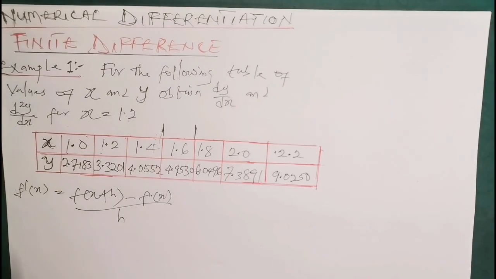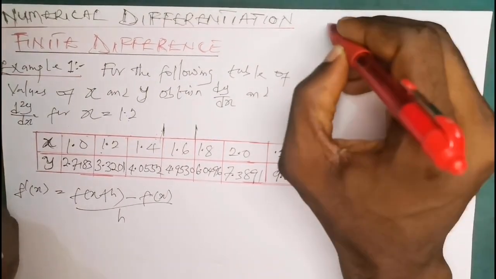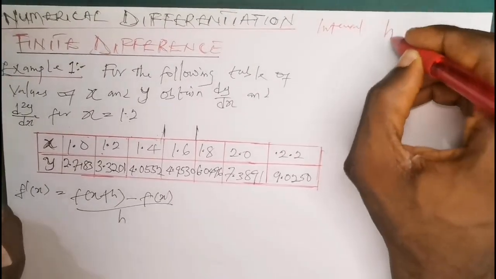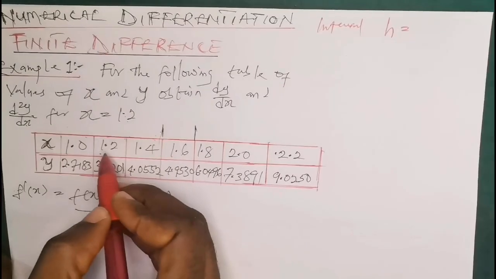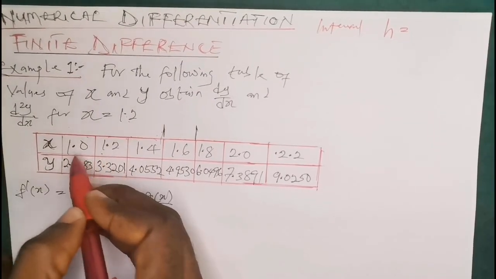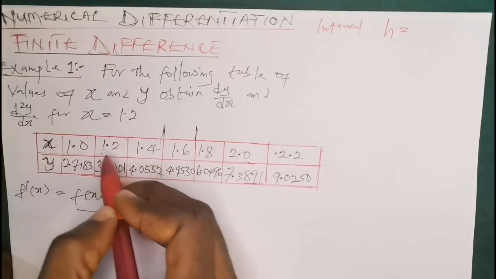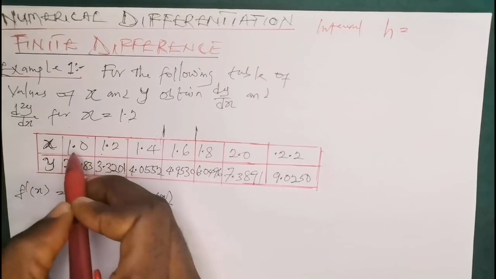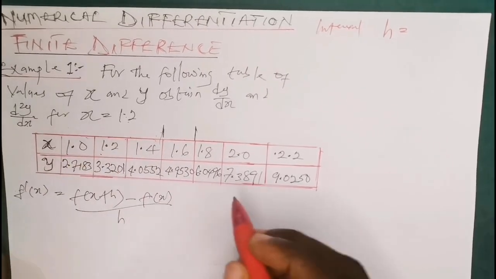So let's obtain our interval now. Our interval h is going to be either x1 minus x0 or x2 minus x1 or x3 minus x2 and so on. So we can simply pick x1 minus x0, which is 1.2 minus 1.0.